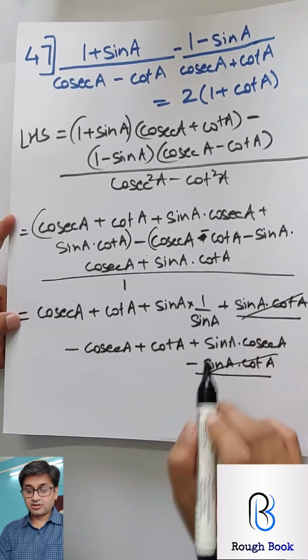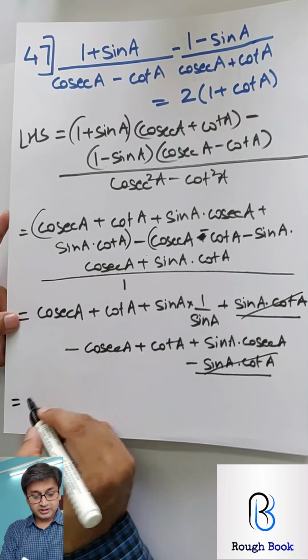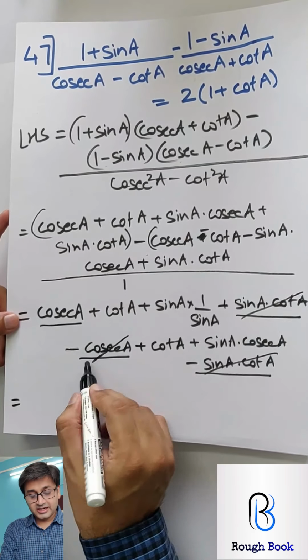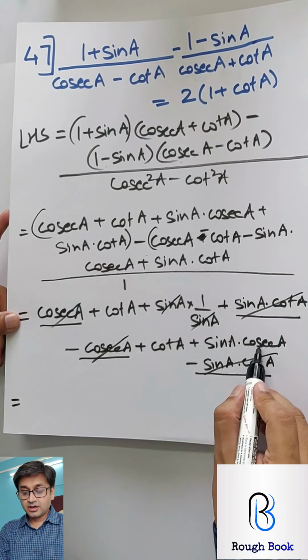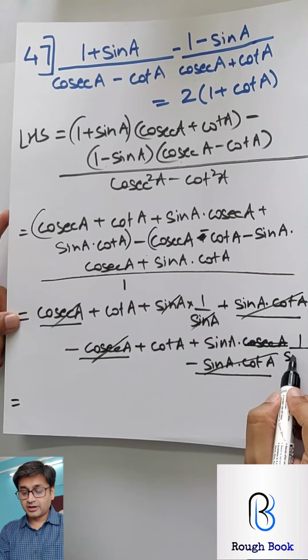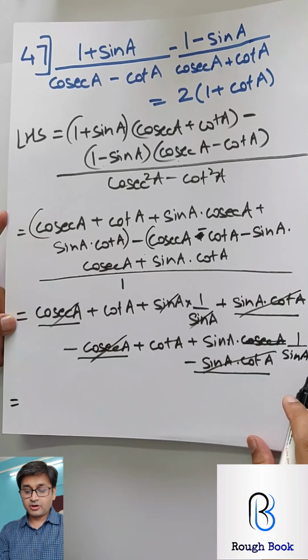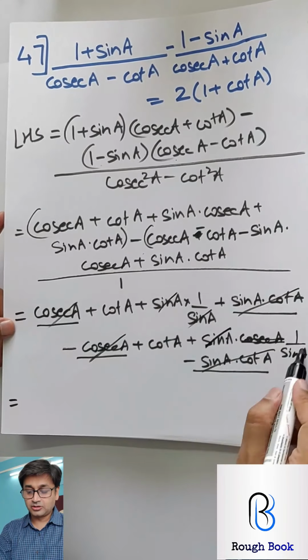So can I cancel this straight away? Further, cosec plus and minus, I am cancelling it. Sine A I can cancel. Here for this cosec also, let's write it as 1 upon sine A. So then I can cancel this part also.